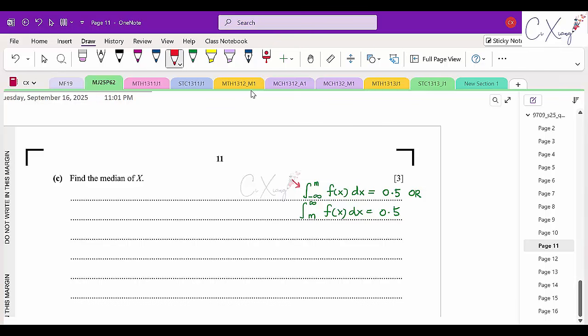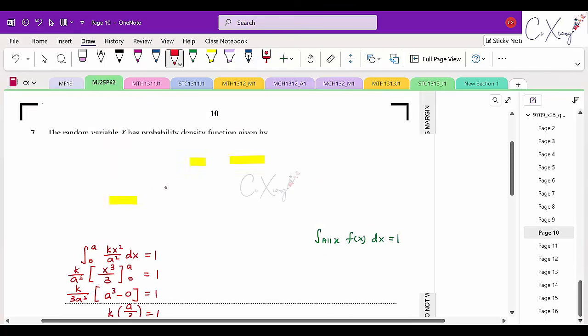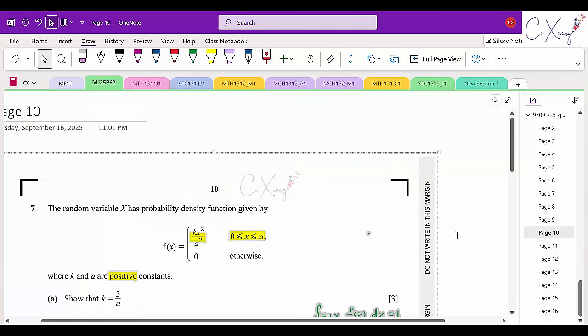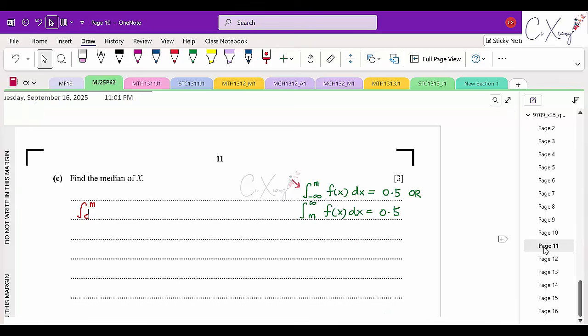So let's have a look here. I want to integrate from 0 until the median for my function f(x). What's my function f(x) just now? It is kx squared over a squared. So I want to integrate kx squared over a squared dx, and I let it equal to 0.5.